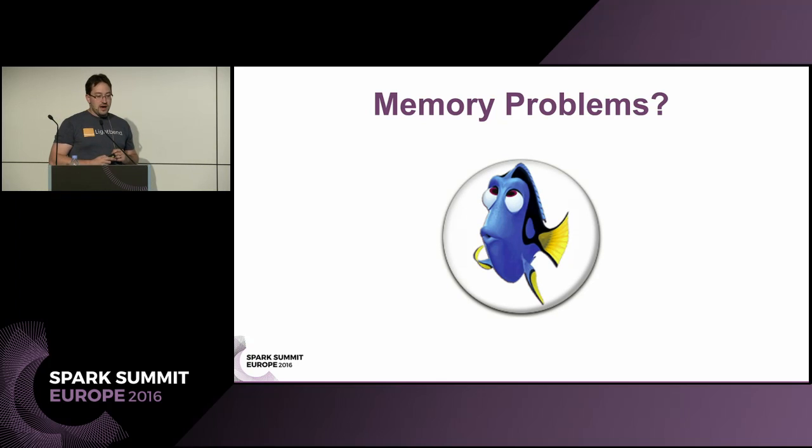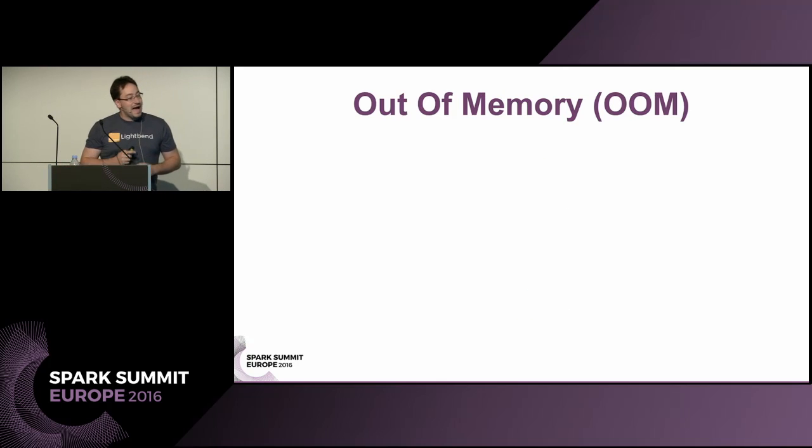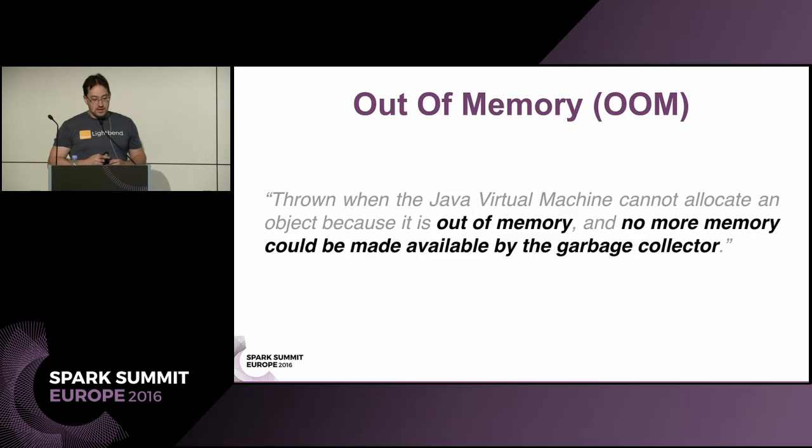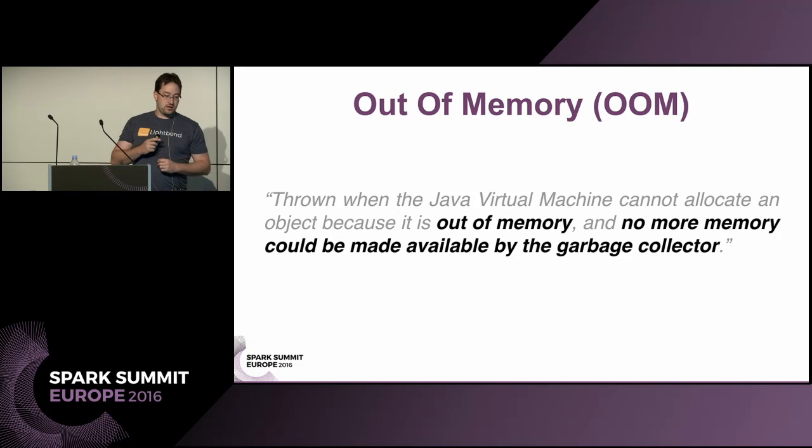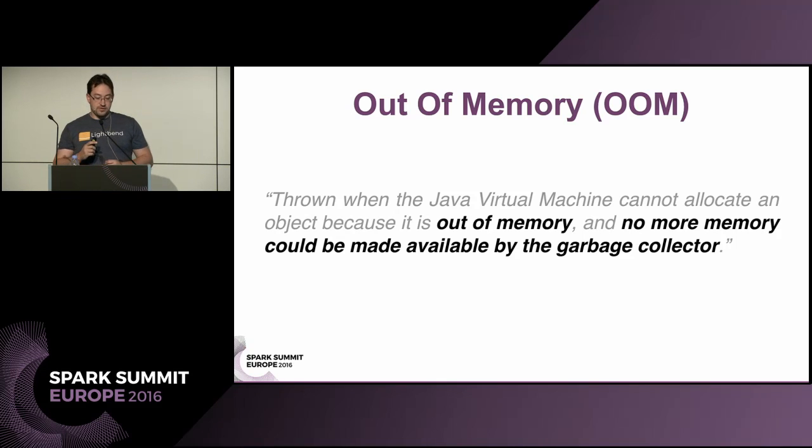But we're not talking about forgetfulness problems like Dory here. We're talking about out of memory, defined as basically being thrown when the virtual machine can't allocate an object because it's out of memory, and no more memory could be made available by the garbage collector.